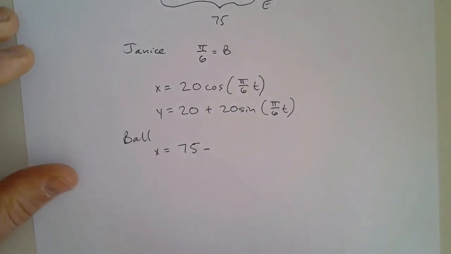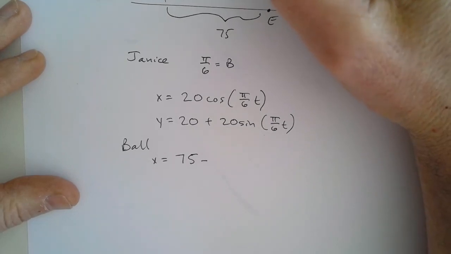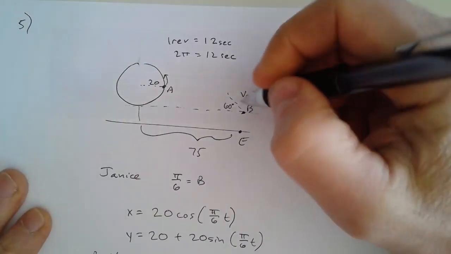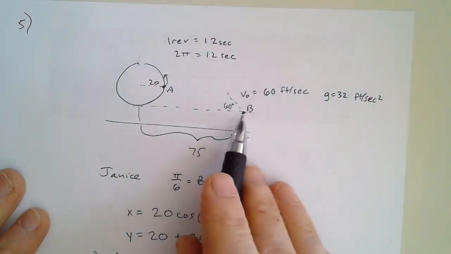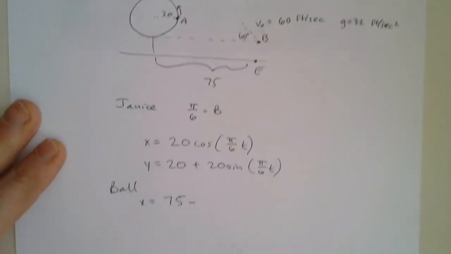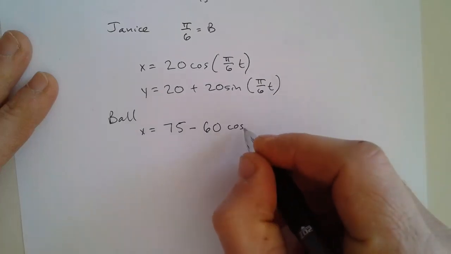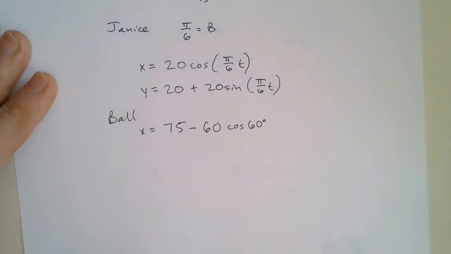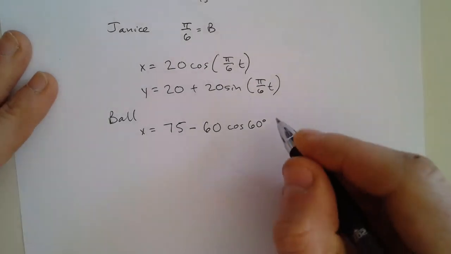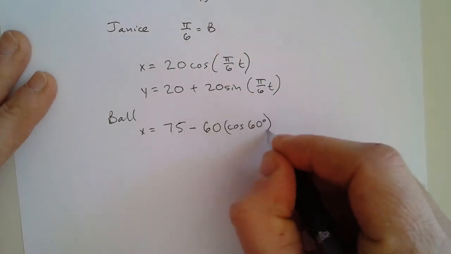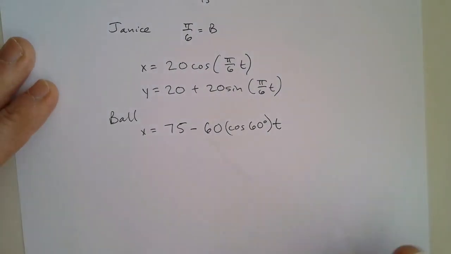And remember that this 60 is kind of like the speed. We need to think about the x distance it's traveling, so that's why we're going to use cosine. So the cosine of 60 degrees, times t. So that's our x distance traveled.